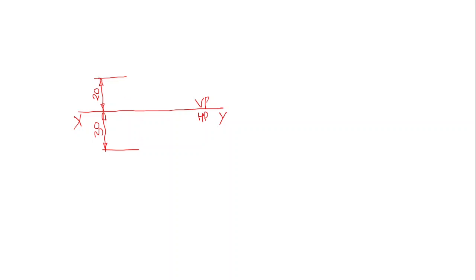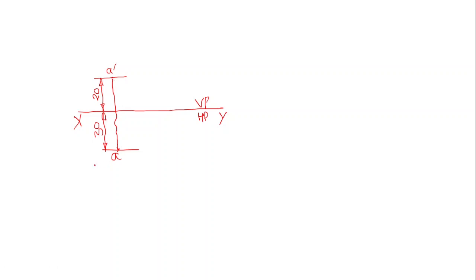Then we select an arbitrary point on this locus and name it A dash, and project it to find this particular point A, top view. Conveniently, we can take the distance between this dimension line and this projection line as 1 centimeter for a neat drawing. This is the representation of point A lying in the first quadrant.